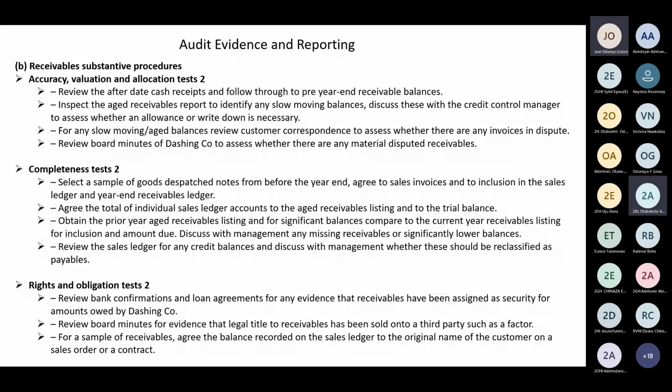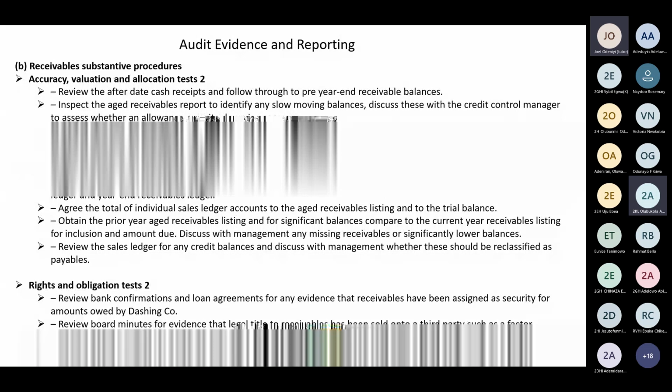So that's why you're checking bank confirmation. Where the receivables is domiciled with the bank, and the company has collected a loan from the bank, most likely the bank has a lien on those balances in the bank accounts on the receivables that are coming. And the agreement will say that too.